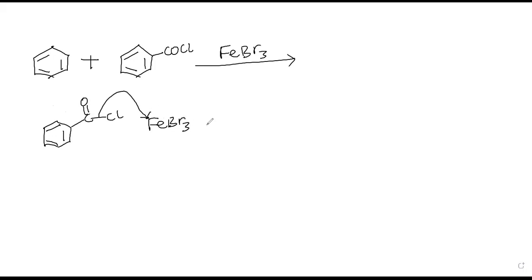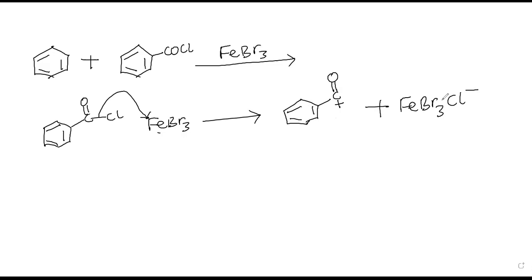And as a result, you'll be forming the intermediate. This is now our intermediate, then plus iron 3 bromide with Cl minus. So in this, you're going to bring your benzene, which is going to attack. So we shall have benzene.